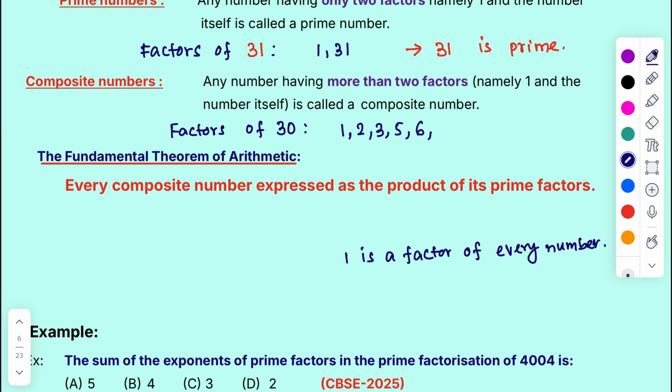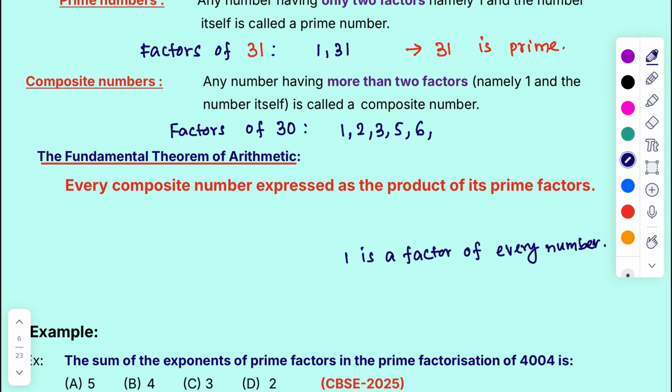These are the prime factors. So we can express the composite number 30 as the product of prime factors, that is 2 into 3 into 5. Every composite number can be expressed as the product of its prime factors.